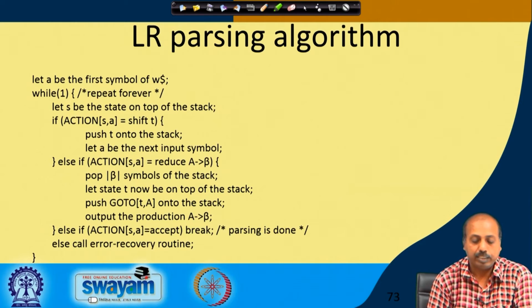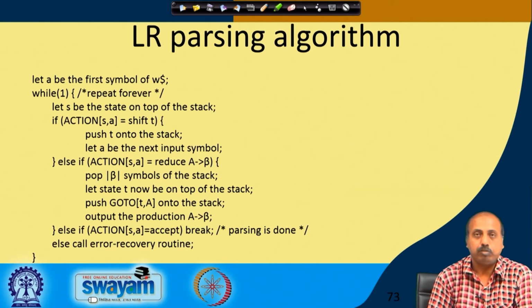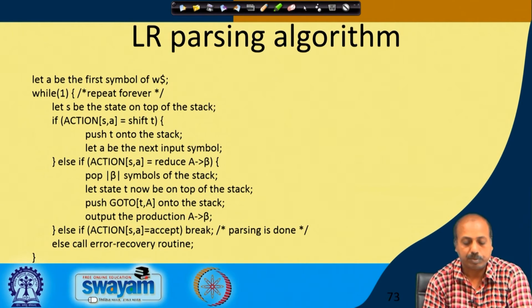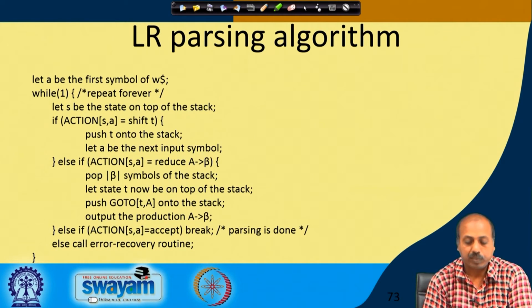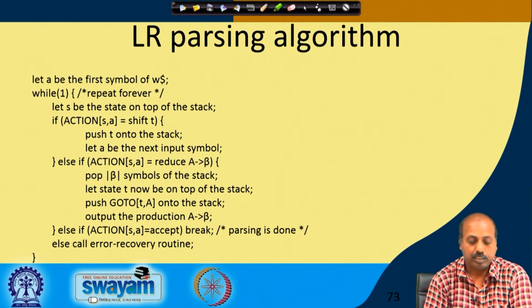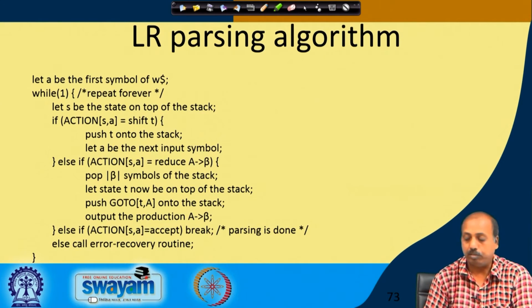Otherwise, if the action is reduce A producing beta, it will pop out beta symbols from the stack, and now if the state T is on the top of the stack, then it will push goto T, A onto the stack and output the production A producing beta. Else if the action is accept, then it will accept it, otherwise it will call an error recovery routine.